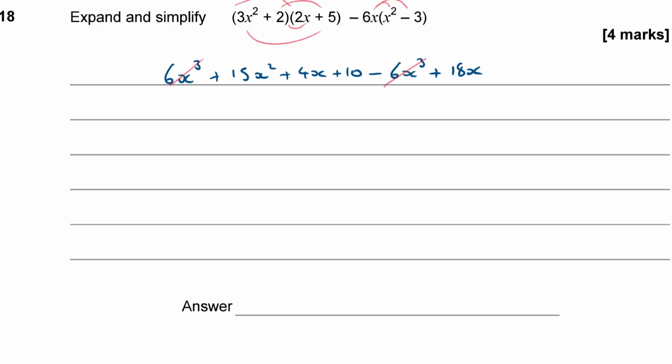Let's see if we can collect terms in x squared now. So that one went with that one. They were the x cubed terms. Now x squared terms, I've just got the 1 here, haven't I? So that can go at the front of what I've got left. Then have I got any terms in x? Yes I do. I've got 1 there and I've got 1 there.